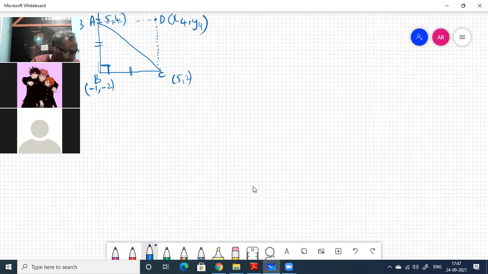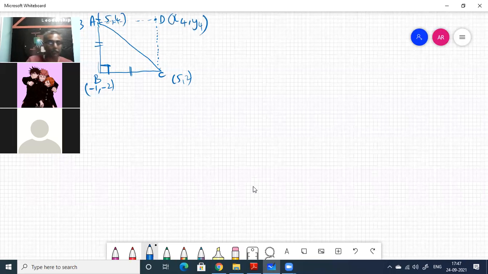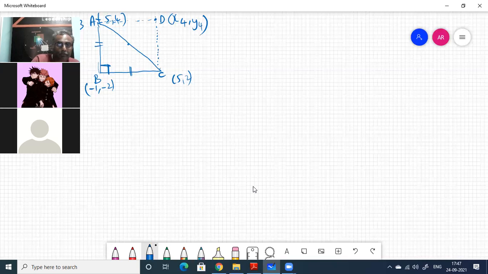There are many ways, but I think the best way is you find the midpoint of AC. In a square, the diagonals bisect each other.